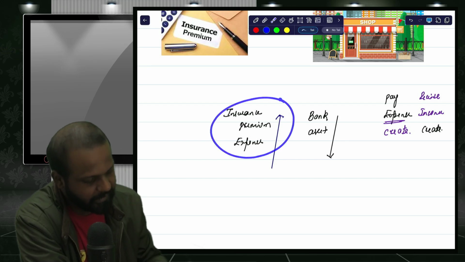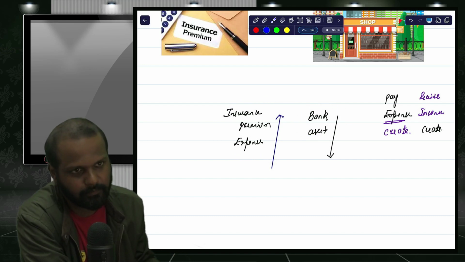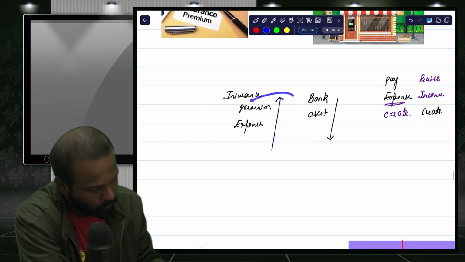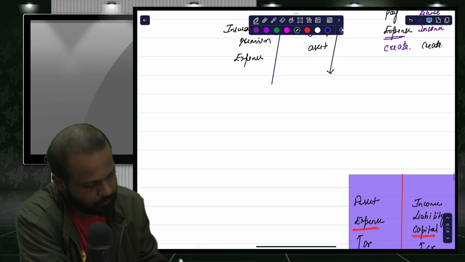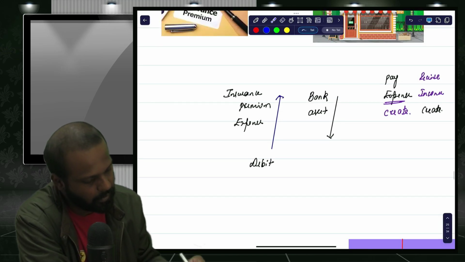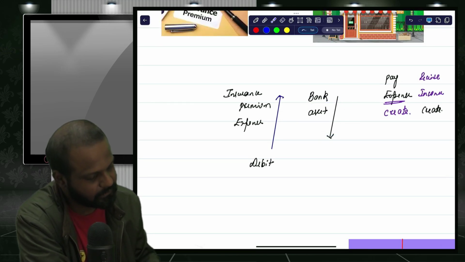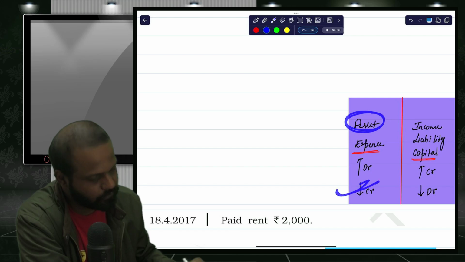So you create an expense, and because you paid the money through check, your bank balance will decrease. Whenever expense is increased or created, we do debit. And whenever an asset decreases, we do credit.